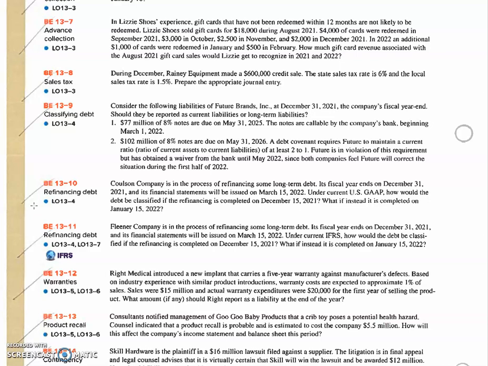Under current U.S. GAAP, how would the debt be classified if the refinancing is completed on December 15th, 2021, and if instead it's completed on January 15th, 2022? Well, under U.S. GAAP, it would be classified as a long-term debt under either situation.